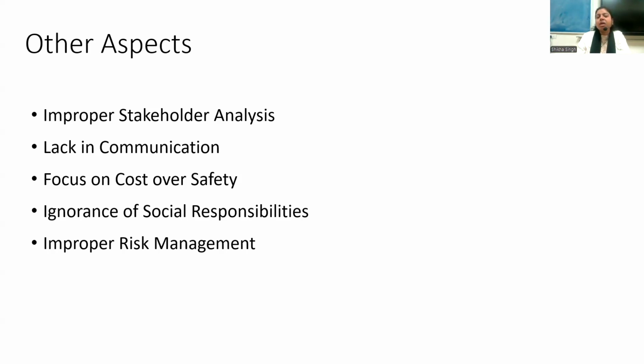When your key stakeholders or users are using your product, which can be fatal, where life is involved, where health is involved, or especially when the masses are using your products, then social responsibilities are also a side which we cannot ignore. And among all, the topmost is improper risk management.